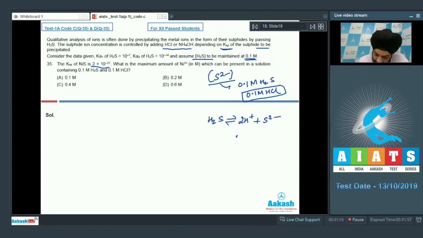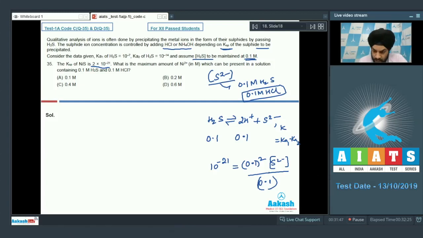The H+ ion concentration will be 0.1, and it is maintained at 0.1. The value of K for this reaction will be equal to K1 into K2. So we have 10 to the power minus 21 equal to 0.1 whole square into sulfide ion concentration divided by 0.1.